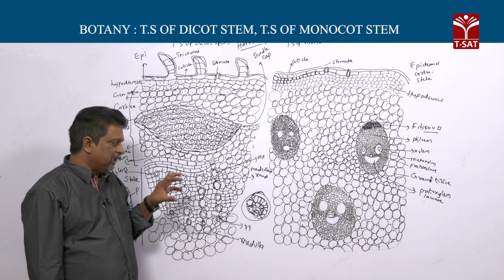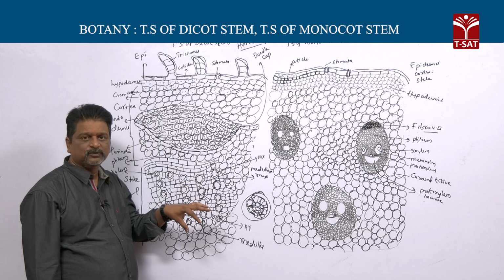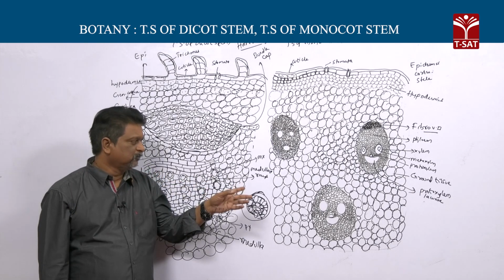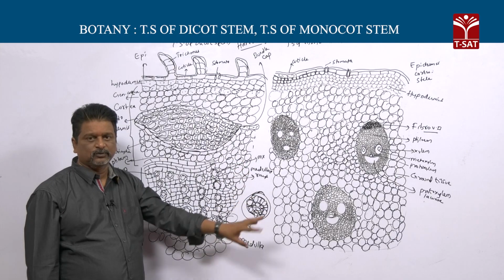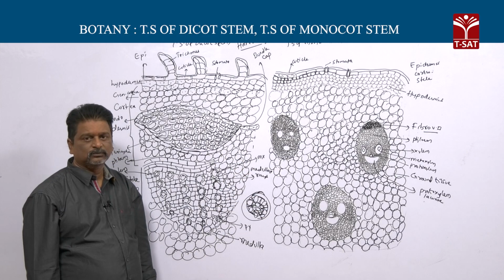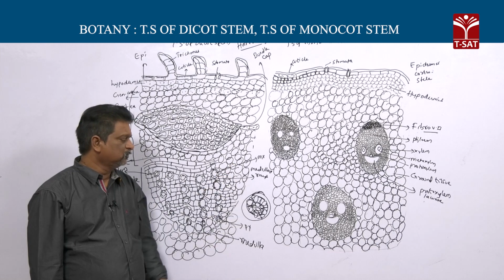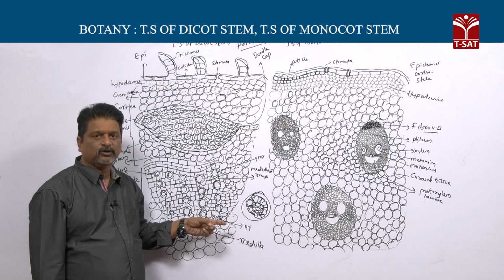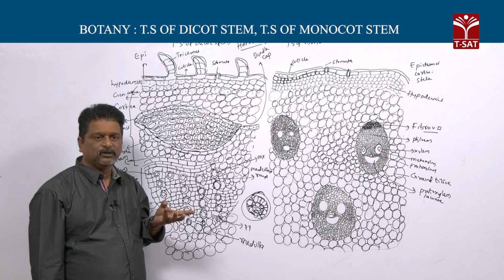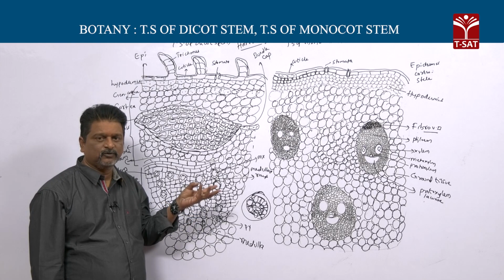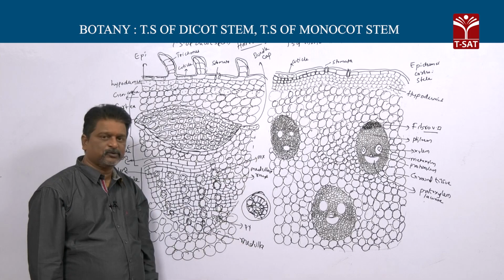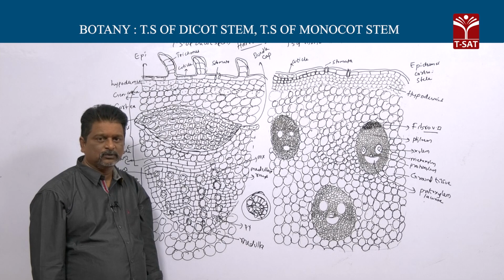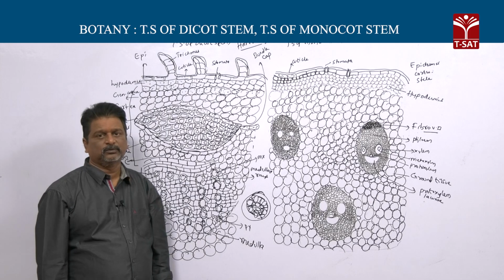If the question says arrange roots and stems based on diameter of medulla: first monocot stem, totally absent, then dicot root, scanty, then monocot root, enlarged, and finally dicot stem.